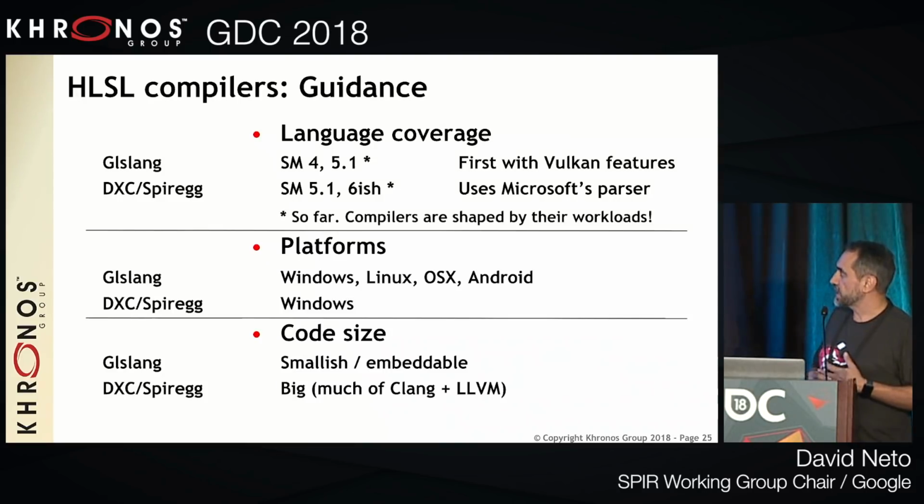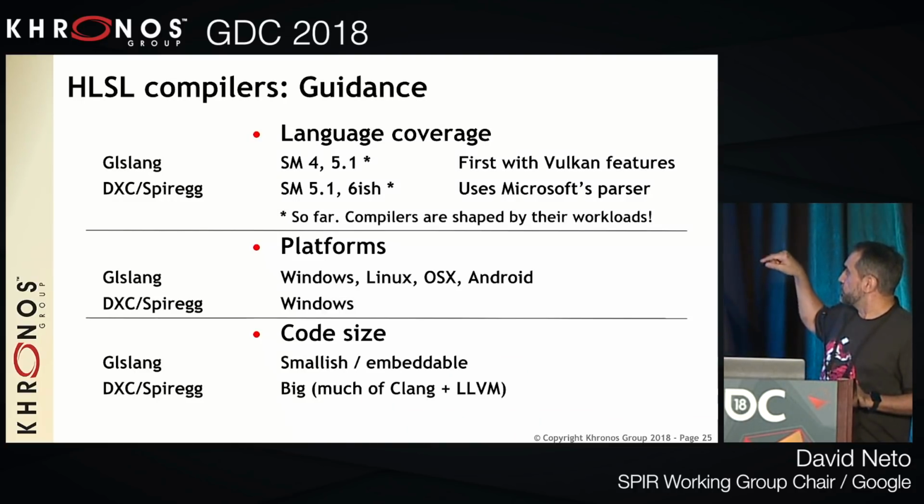The second part of language coverage is, as I said before, that GLSlang uses conformance tests along with the development of a new programming model feature, so new Vulkan programming features are going to land in GLSlang first. Another attribute is that DXC SPIR-V is always going to be Microsoft's definition of HLSL, no matter what that is.